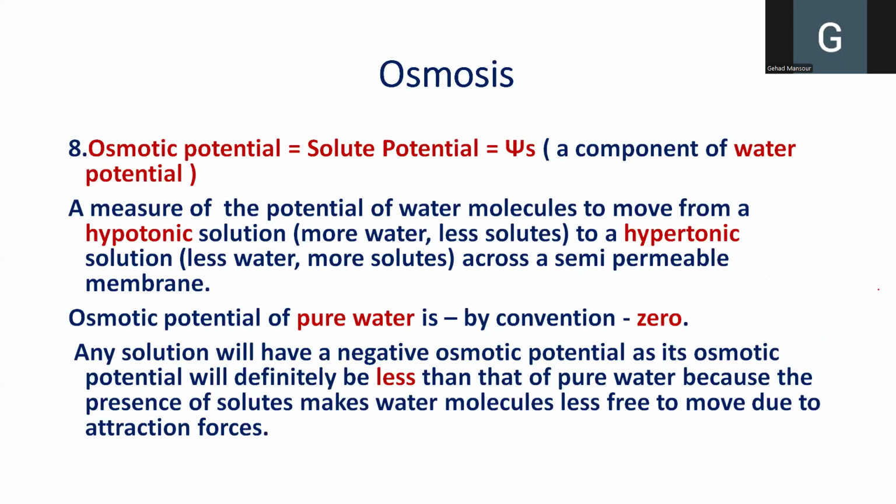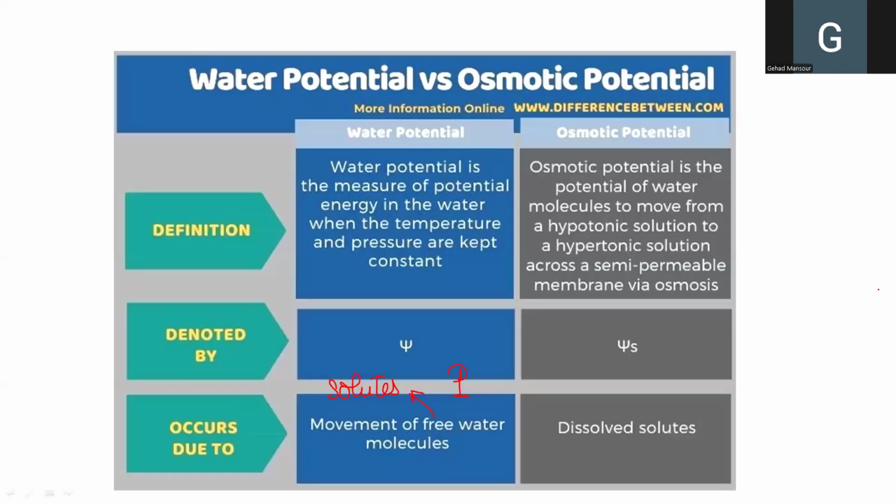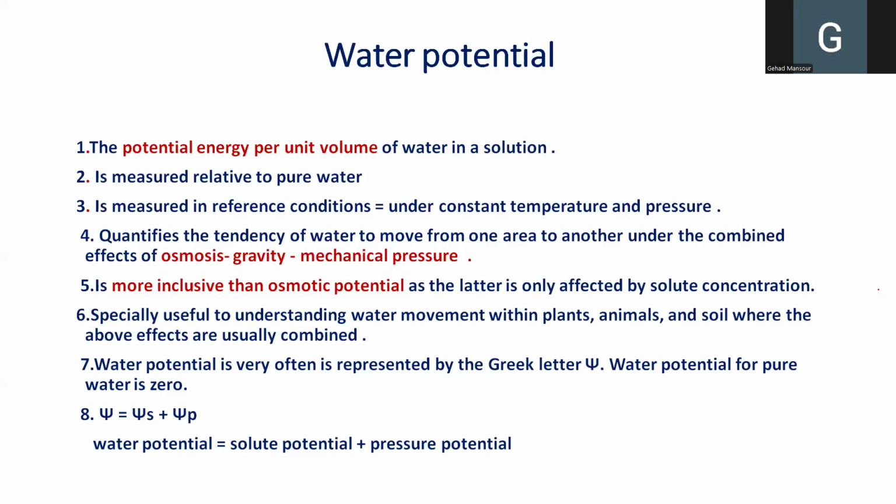And that's why we cannot say that the water potential equals the osmotic potential only, but it equals the pressure potential in addition to the osmotic potential. And from here comes this famous equation: the water potential, as I said, is more inclusive, and includes the solute potential and the pressure potential.